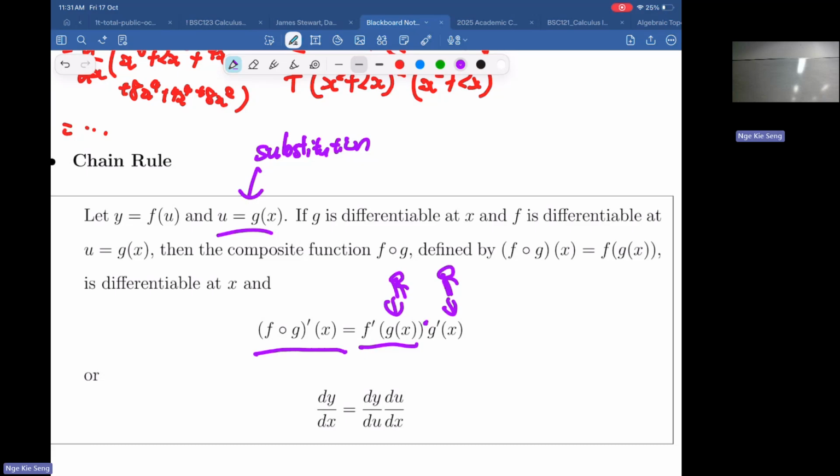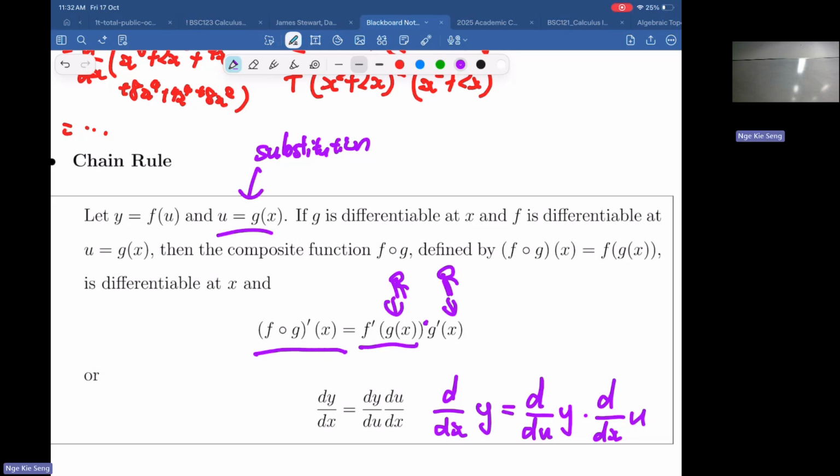Let me write down the form that we discussed just now. So this is d over dx on y equals d over du on y times d over dx on u, like that. But if you write it in the form on the left, this is really like adding du over du.